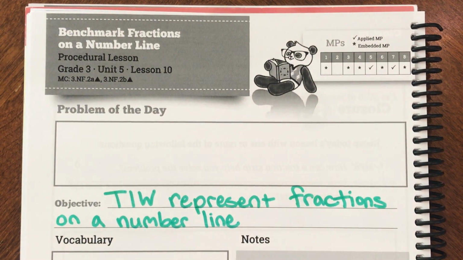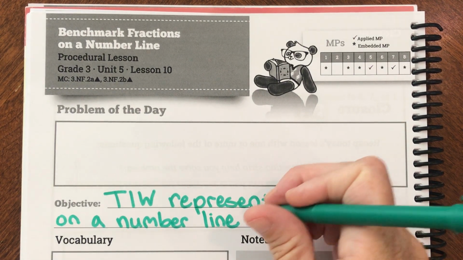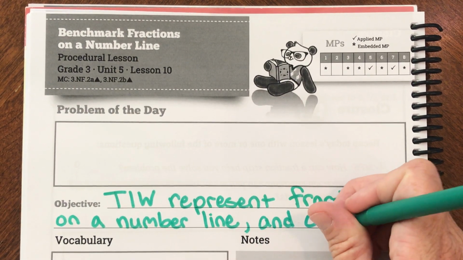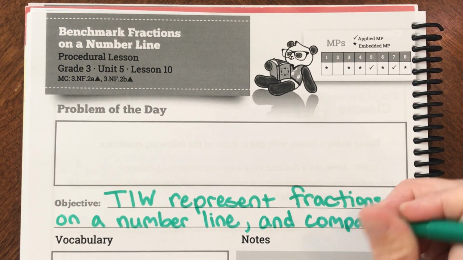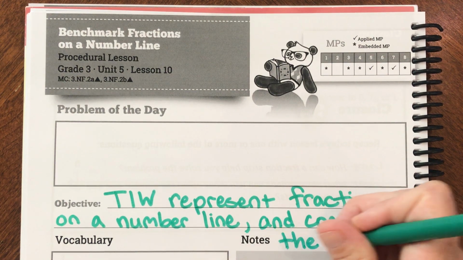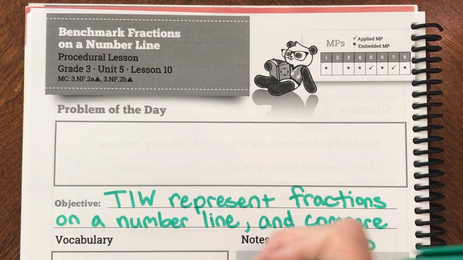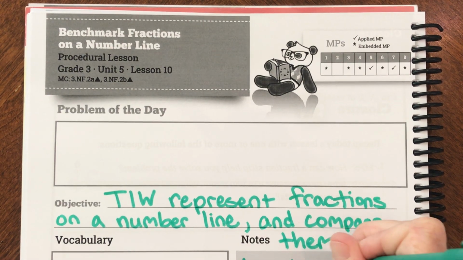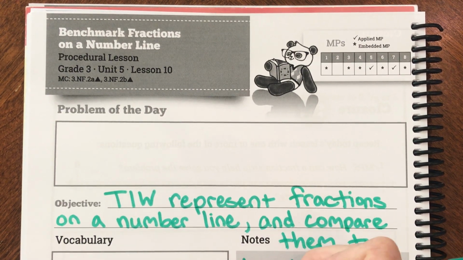So that was what our last video's goal was, but we're going to add to it. So today I will represent fractions on a number line, comma, and compare them to benchmark fractions.